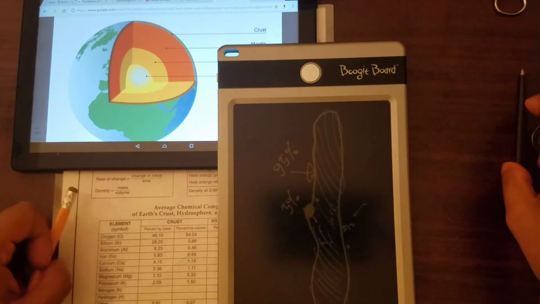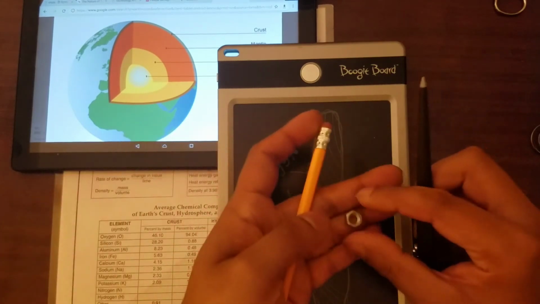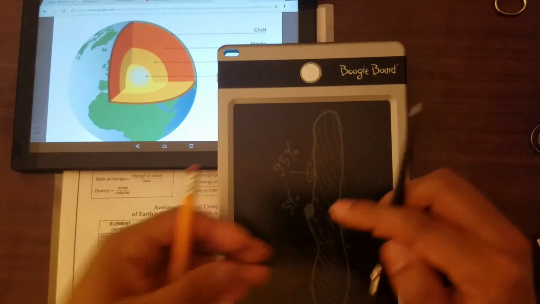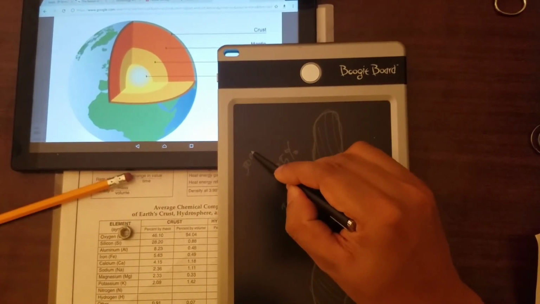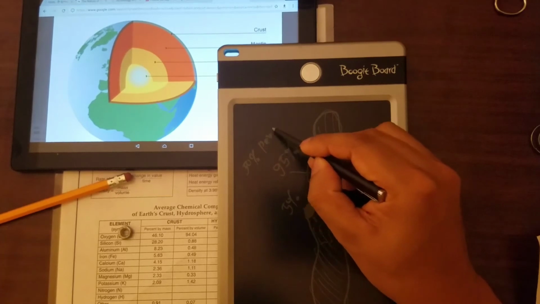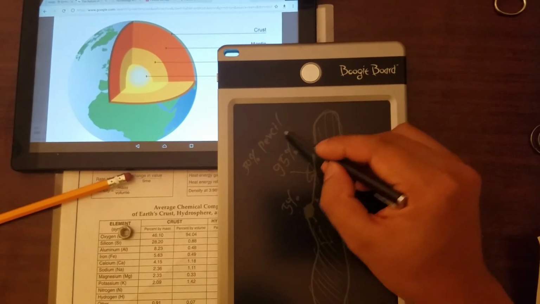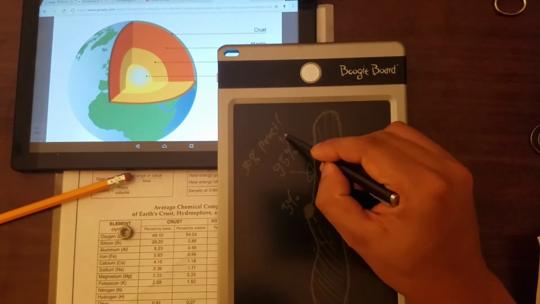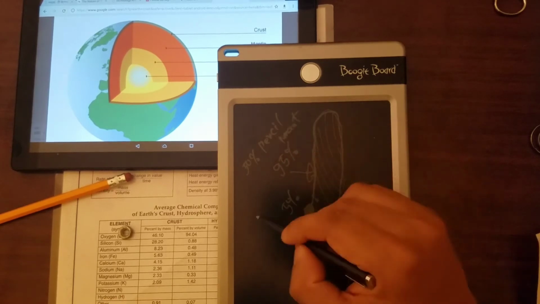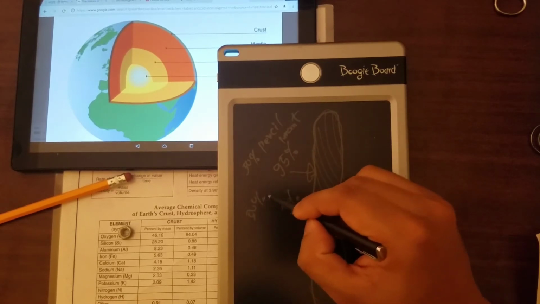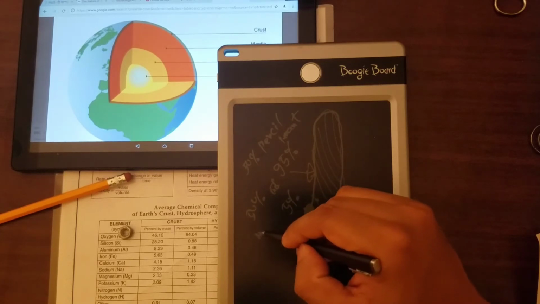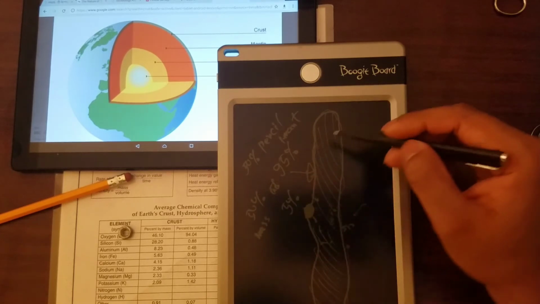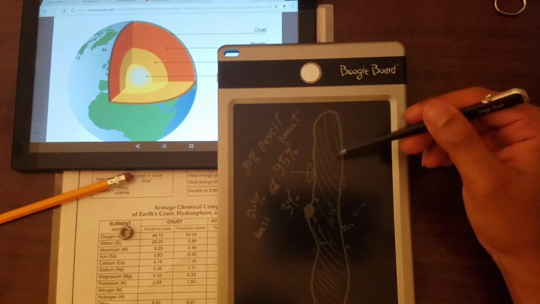So when I'm talking about the mass, these two feel the same. That really means that you have almost 50% pencil, but this is percent by mass, remember that, and 50% is the nut. So these are the two important things you need to know: percent by mass and percent by volume.